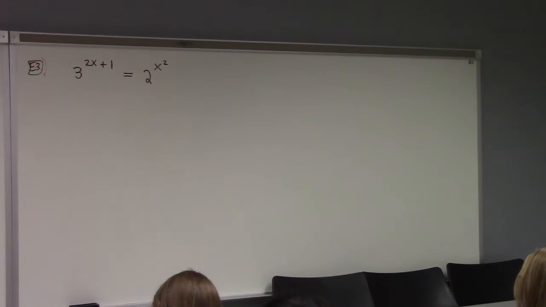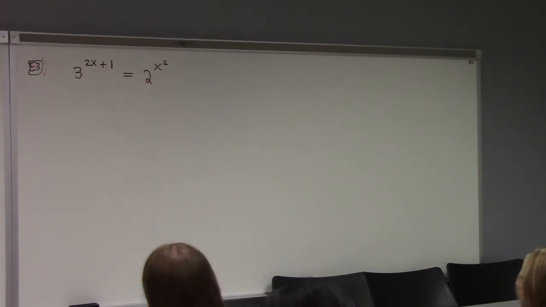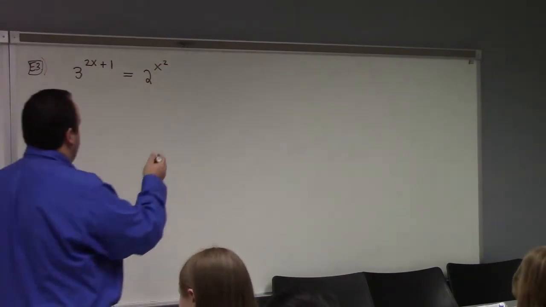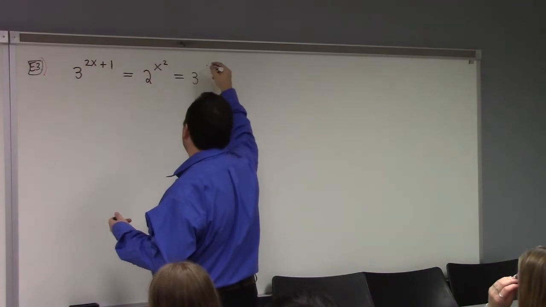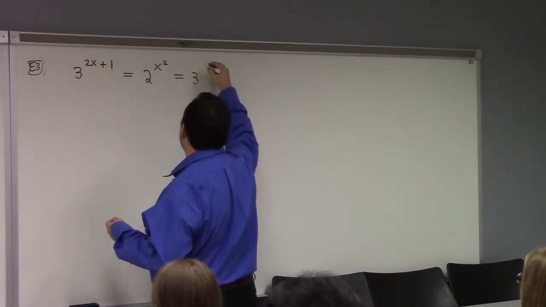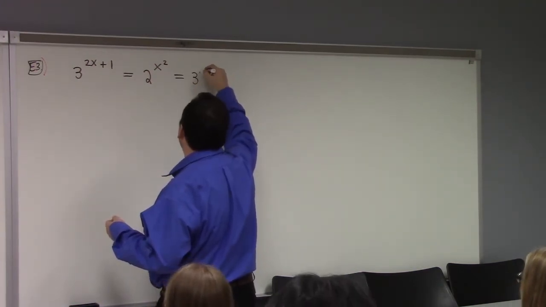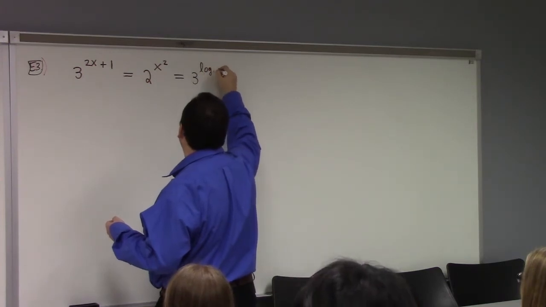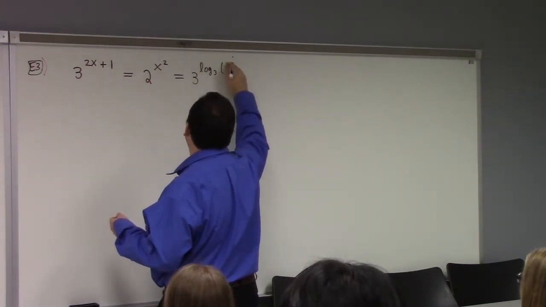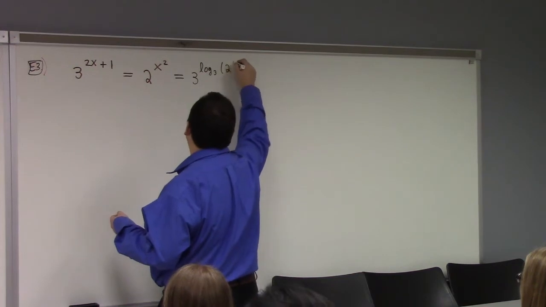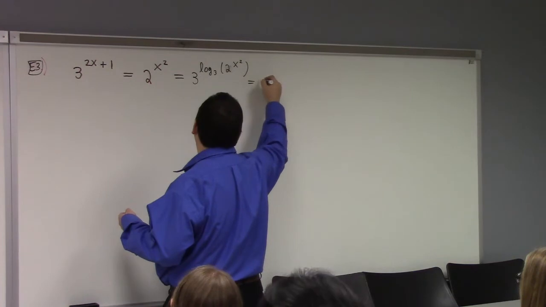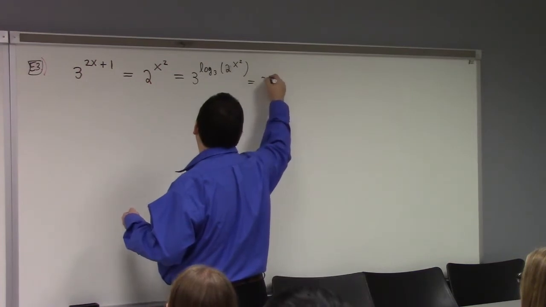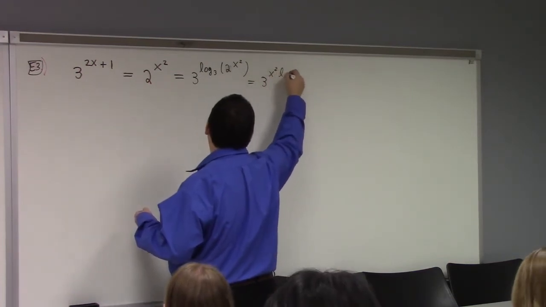But this one, there's no way to make a 2 into a 3 unless you do something really weird. I can do that, but that's just because I'm weird. I just go, oh, sure, why not? 3 to the log base 3 of 2 to the x squared, which is 3 to the x squared log base 3 of 2.